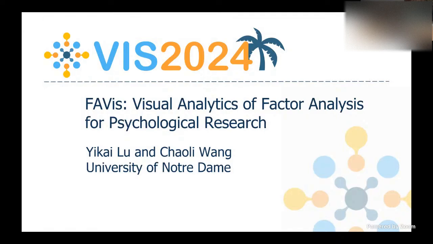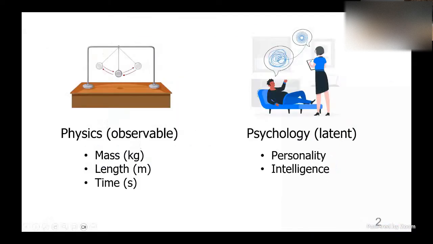Hello, everyone. Today, I would like to talk about FAVis, Visual Analytics of Factor Analysis for Psychological Research. In psychology, researchers are interested in studying and measuring latent variables, such as personality and intelligence, which are not directly observable unlike physical features.